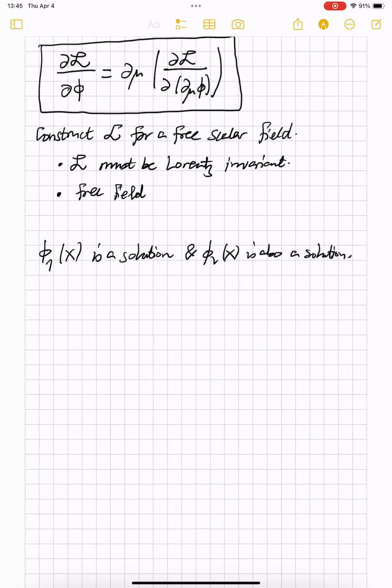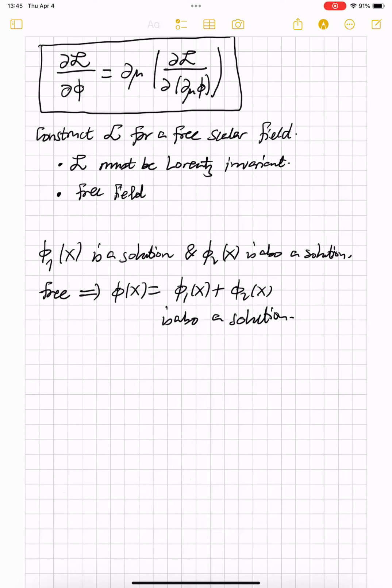If both phi 1 and phi 2 are a solution, then I claim that when we say the theory is free, what we mean is that phi of x, which is equal to phi 1 of x plus phi 2 of x, is also a solution.